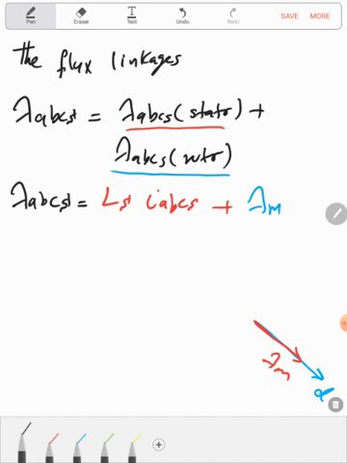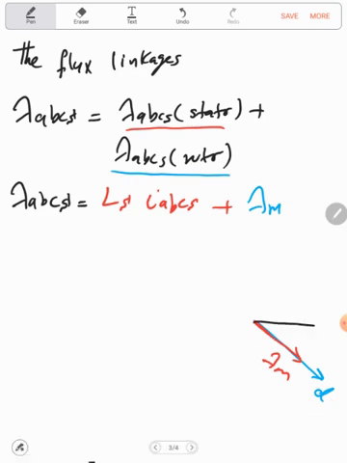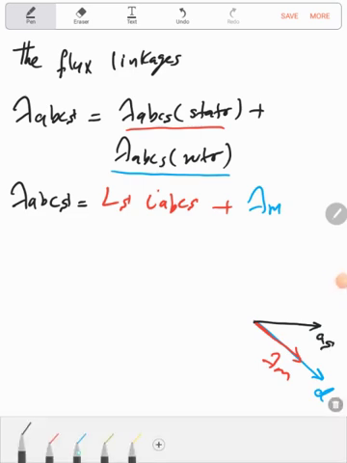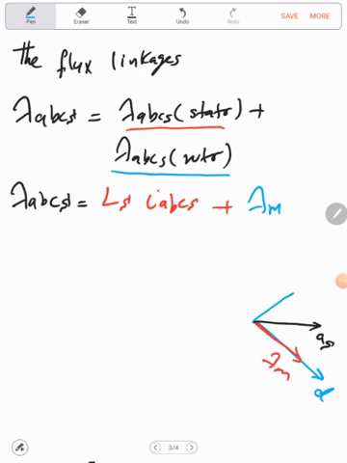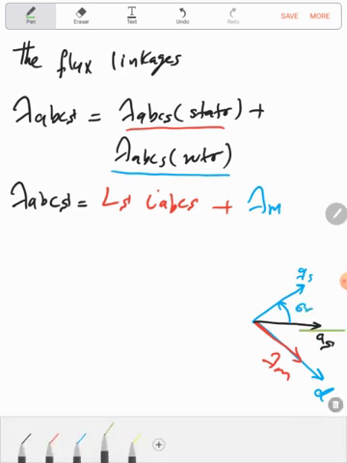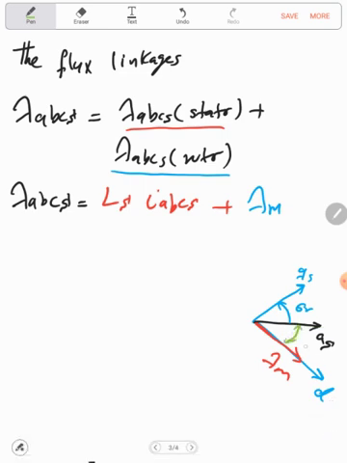So if this is the AS, and let's assume this is the QS and this one is theta R, this angle is actually pi over 2 minus theta R.